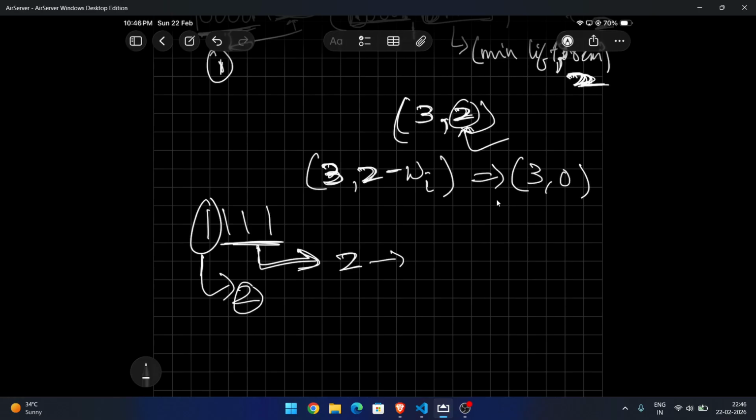So the minimum for this and this would be the same. Now, if the weight for this is more, we would require one more lift. So now 3 plus 1. And what would be the remaining? That would be capacity, and in the new lift we just put this person. So it would be W minus 2.